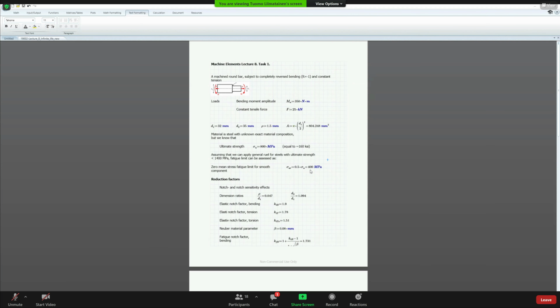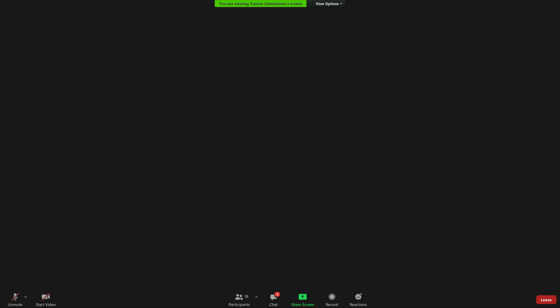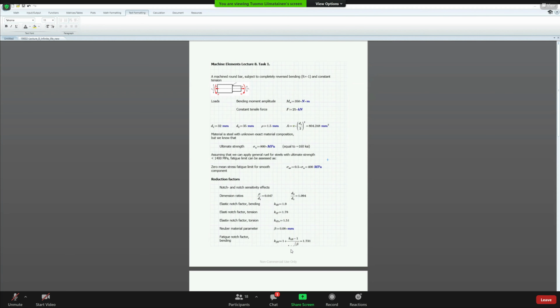But if there was only bending moment amplitude, it means that we would have zero mean stress, because it is fluctuating on both sides of the zero line. But now, because we have this constant tensile force, that will create mean stress, and we will need to take that into account with the Goodman equation.